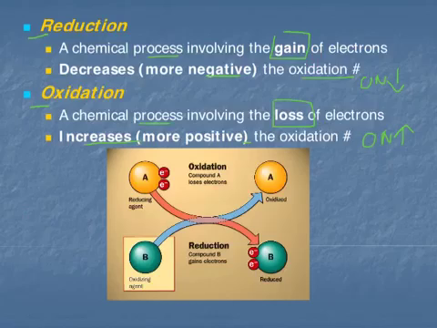One chemical species gains electrons, the other chemical species loses electrons. The way to remember this is a mnemonic called OIL RIG. OIL stands for oxidation is loss of electrons, and RIG, reduction is gain of electrons.